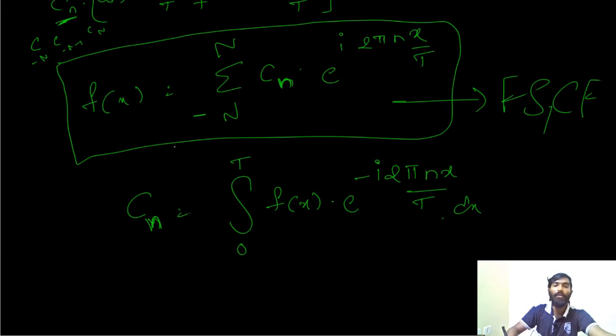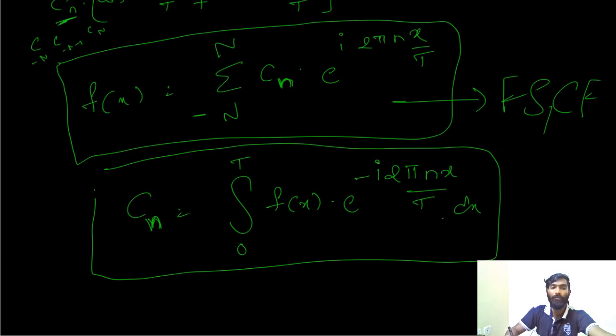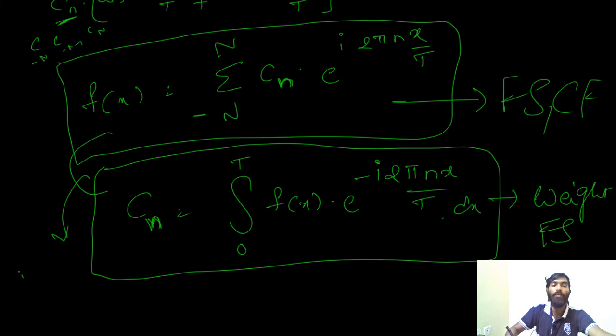So this is Cn, which will give you my weights for the Fourier series. All of this that you're seeing here is a continuous domain, so my x is continuous.